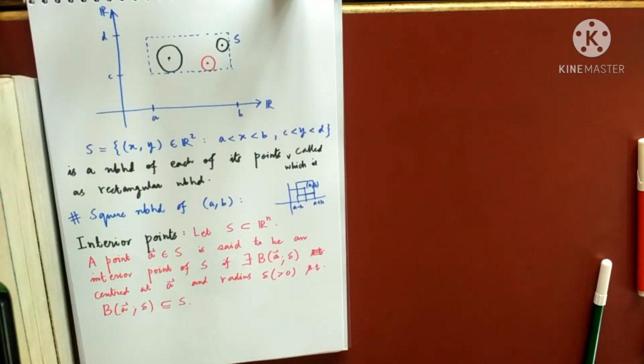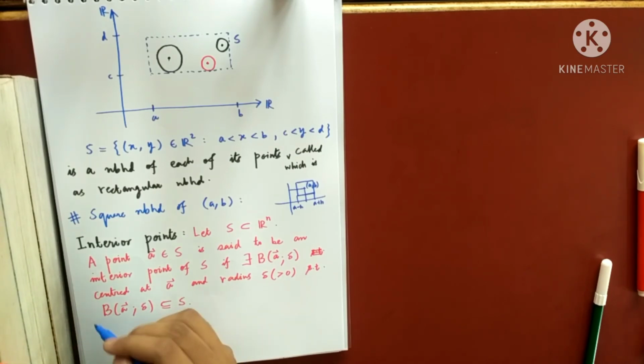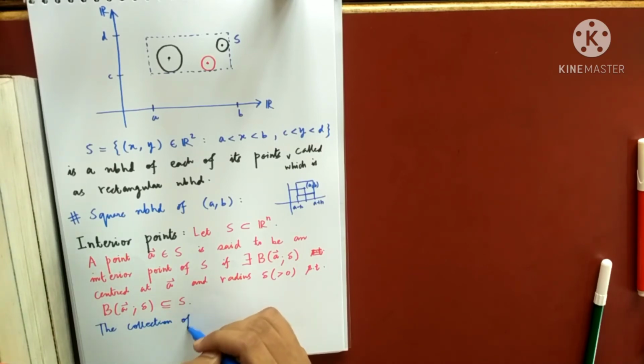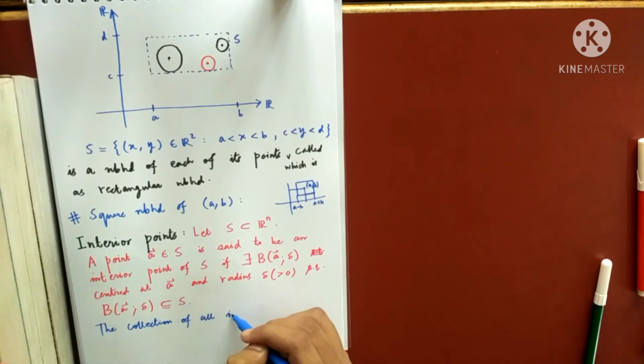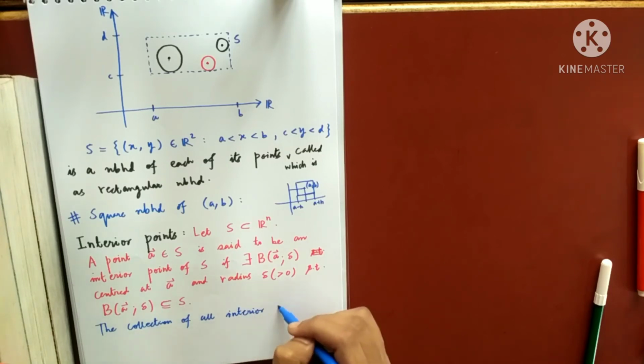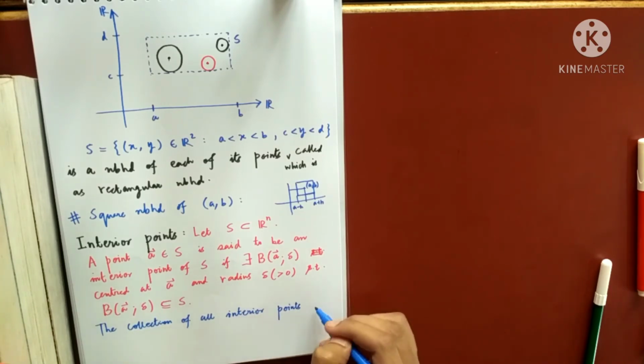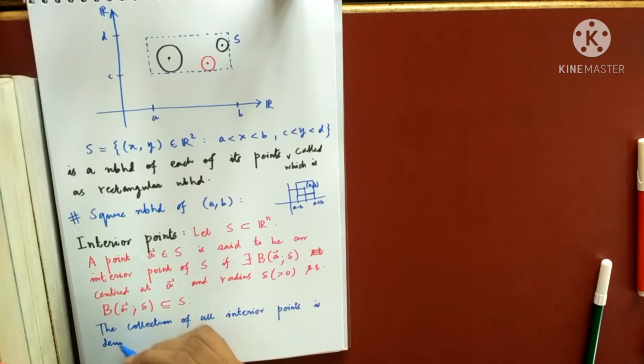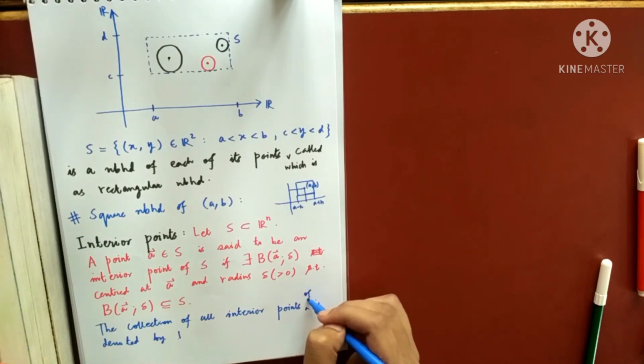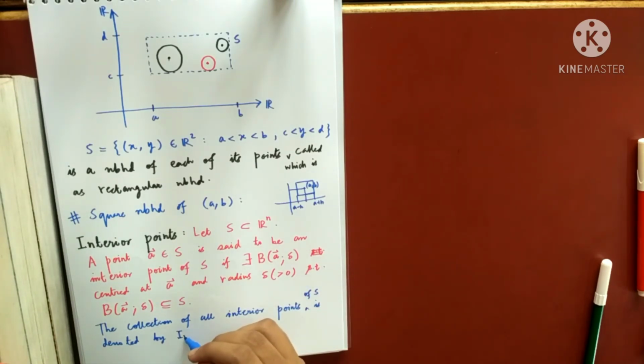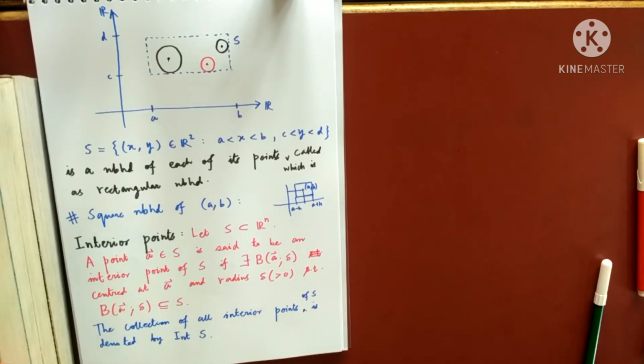So I'll just give you a quick thing. The collection of all interior points of S is denoted by int S. This is how we represent the interior points, or by S with a small circle over it.